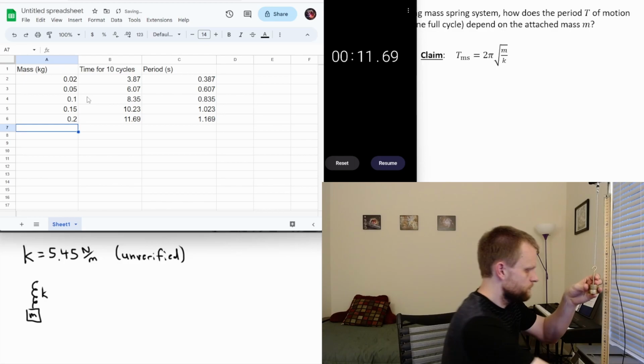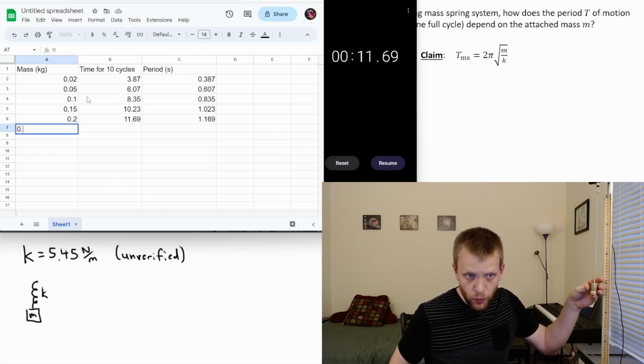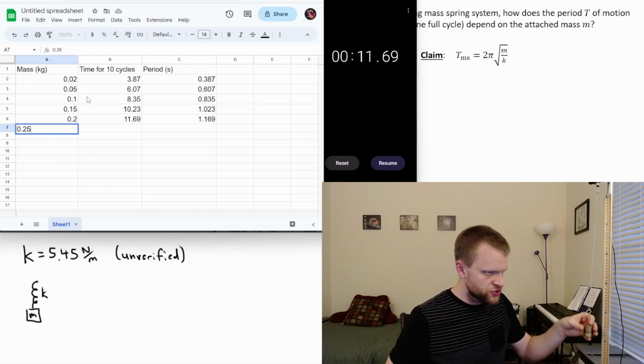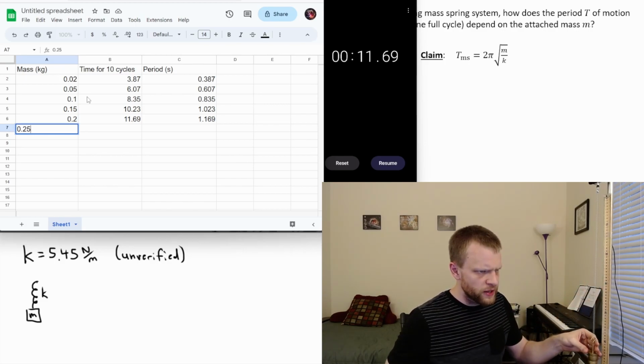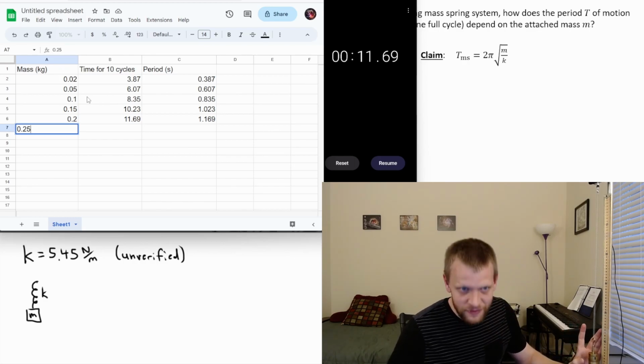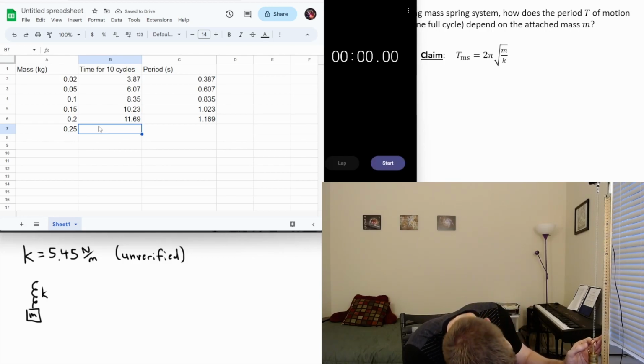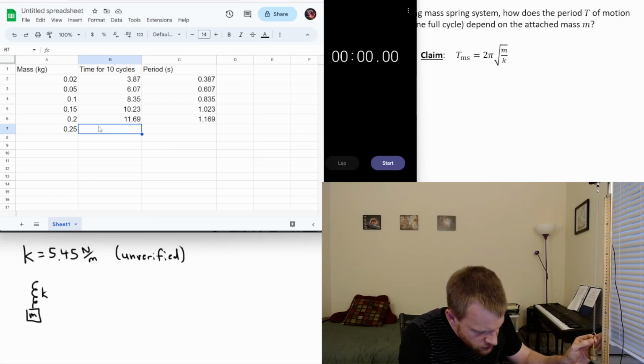And let's do one more with another 50 grams on here. So this is 0.25 kilograms. Is this going to be too far off the bottom of the screen? Just barely, no. Hopefully that's still visible enough. Let's reset. Move that up 1.5 centimeters. I don't know why I keep saying 2 centimeters.